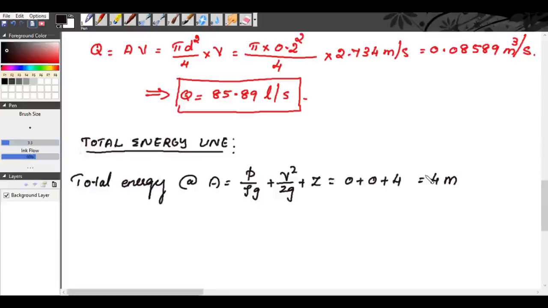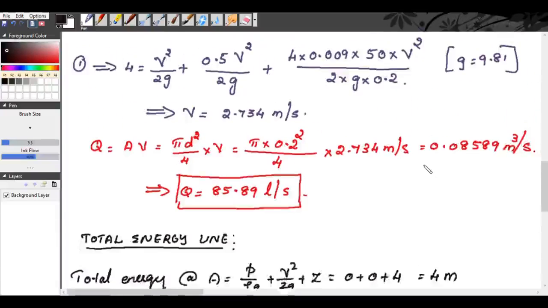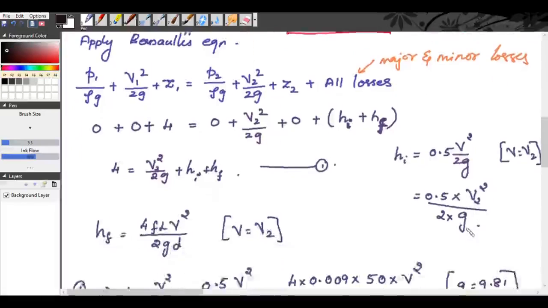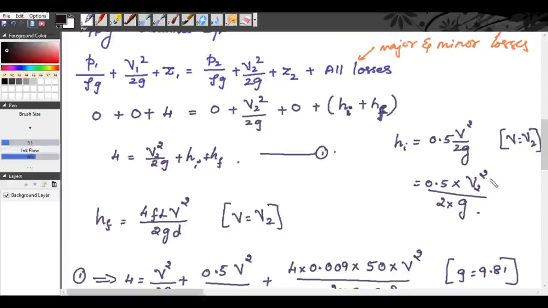Now we will consider the total energy at B. At B we have the inlet of the pipe, so because of this inlet, there will be a minor loss. So at B, the total energy will be equal to total energy at A minus HI, that is the loss due to the inlet. We have already determined the loss due to inlet as 0.5 V square by 2G.